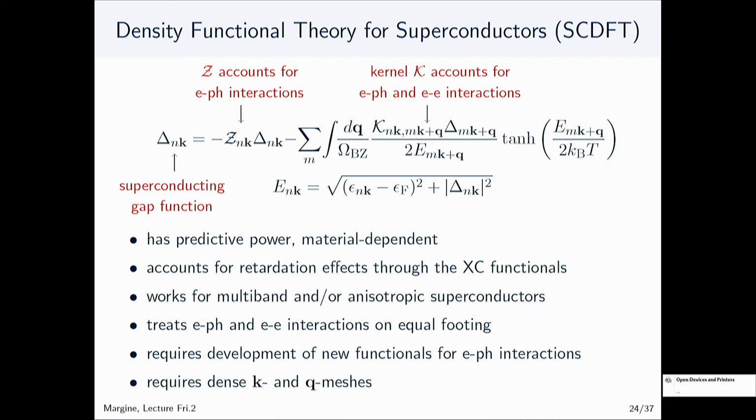The nice thing about this method is that it treats both the electron-phonon interaction and the electron-electron interaction on equal footing, so it has no parametrization, as I showed for the implementation of the anisotropic equation in EPW. However, it requires development of new functionals to describe the electron-phonon interaction. Current functionals, I suppose, won't work. And again, it will require dense k and q meshes.